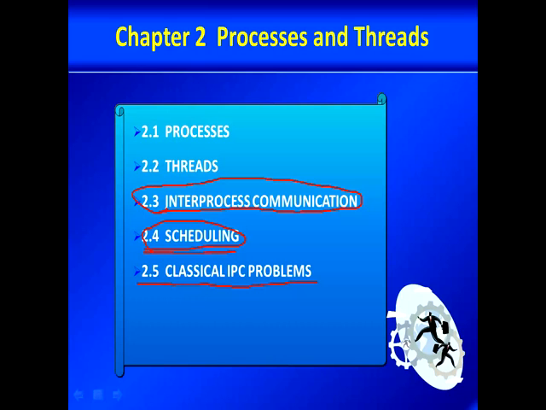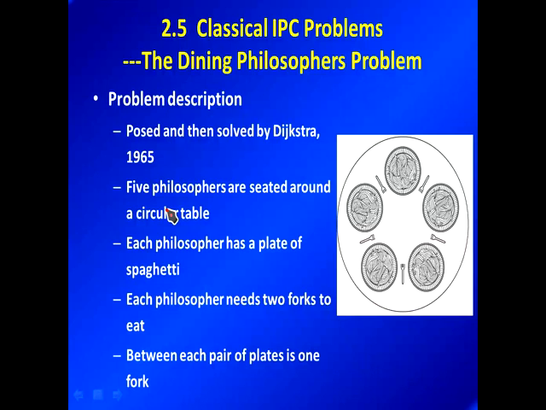And for the last section, we're gonna learn 2 more classical IPC problems, and you'll see how to use semaphores, this very useful framework, to handle the typical dining philosophers problem and reader-writer problem. These 2 problems are very classical IPC problems, just like the producer and consumer problem.